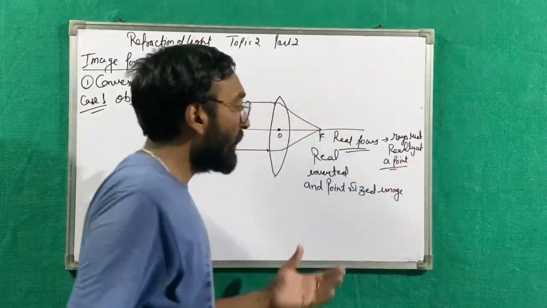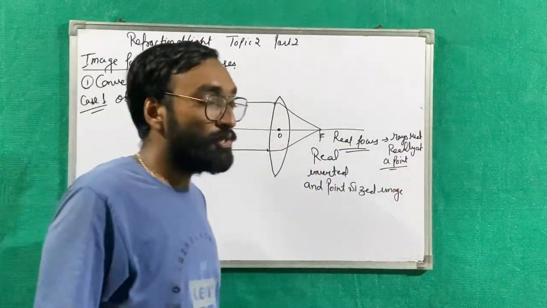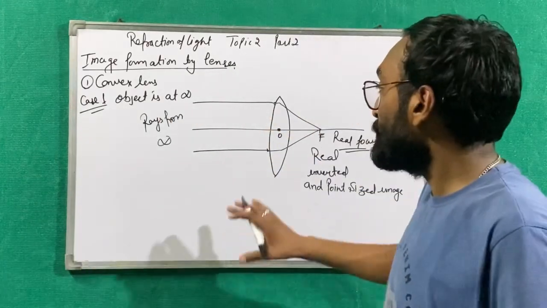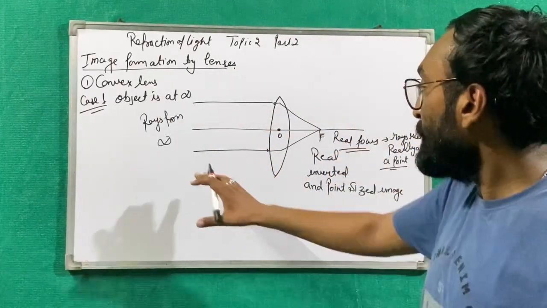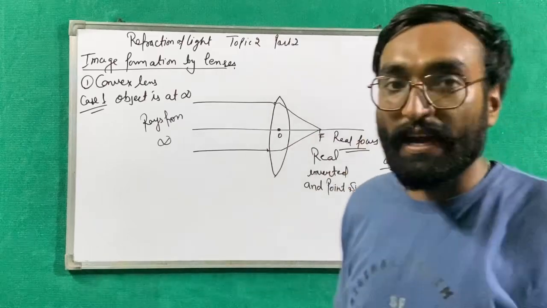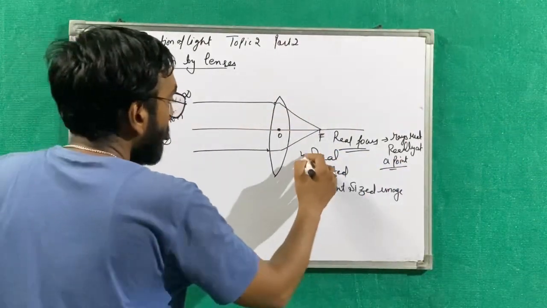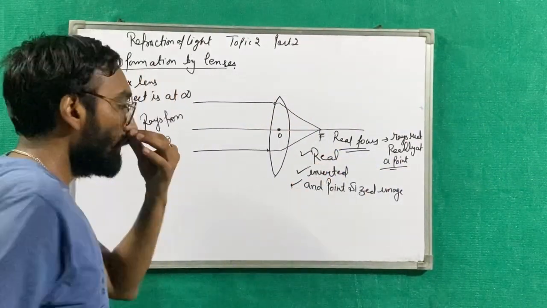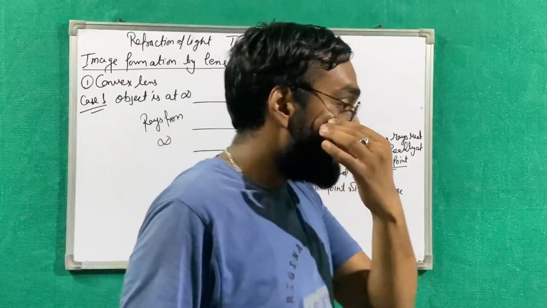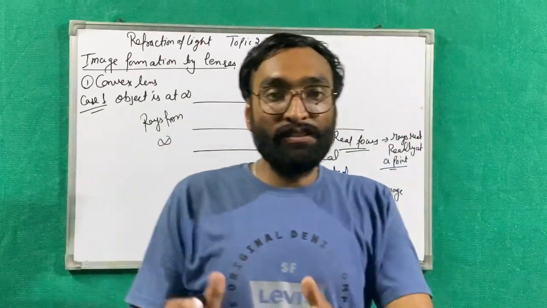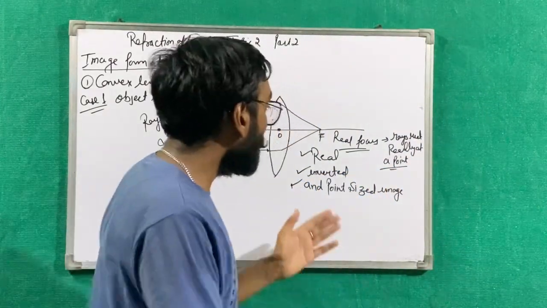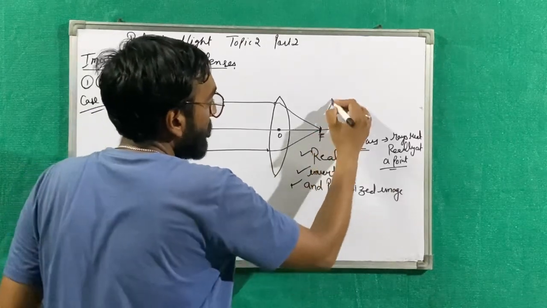So the rays are coming from infinity and meeting at the focus, and the image is formed real, inverted as well as point sized. In this, the object is bigger and the image formed is smaller in size.